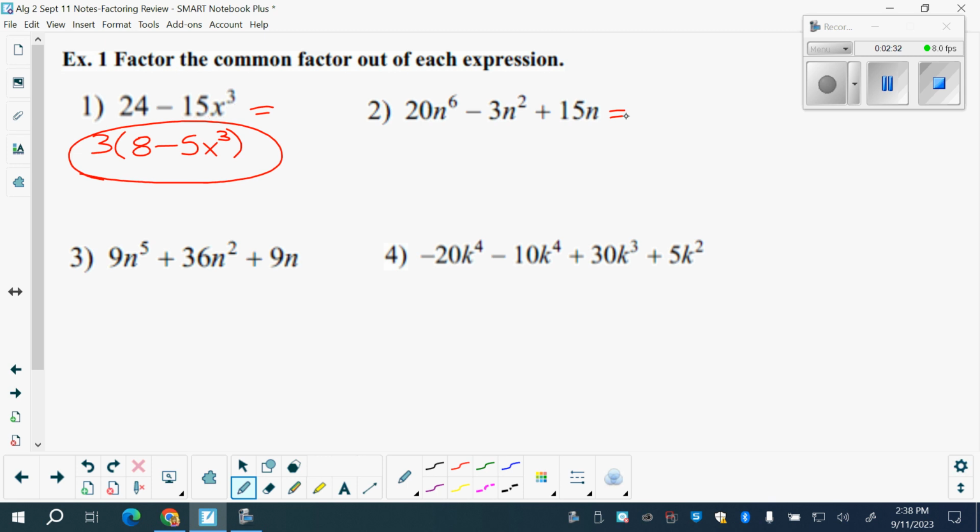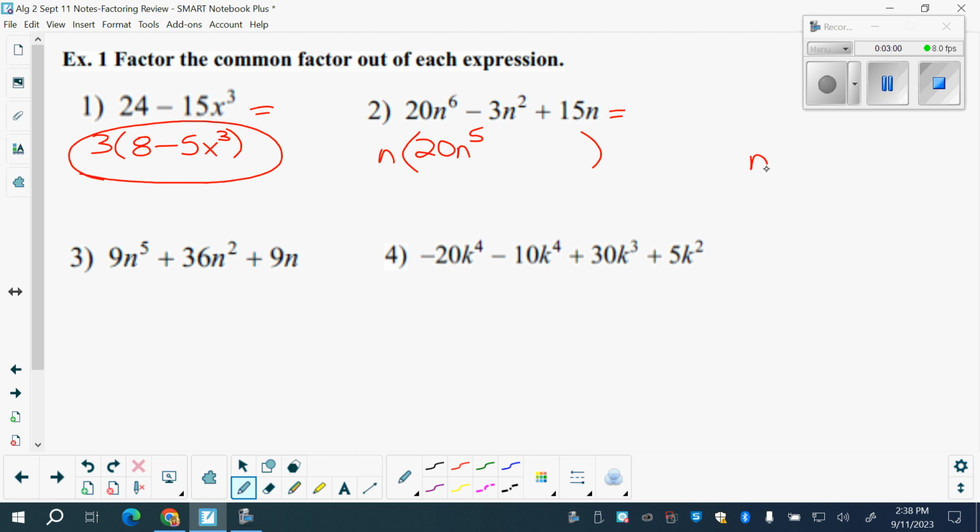Yes. 1 is the only number that goes into all of them. Is there a letter that goes into all of them? N. So we can take an N out of all of them. So we're thinking N times what gives us 20n to the 6th? 20 n 5.